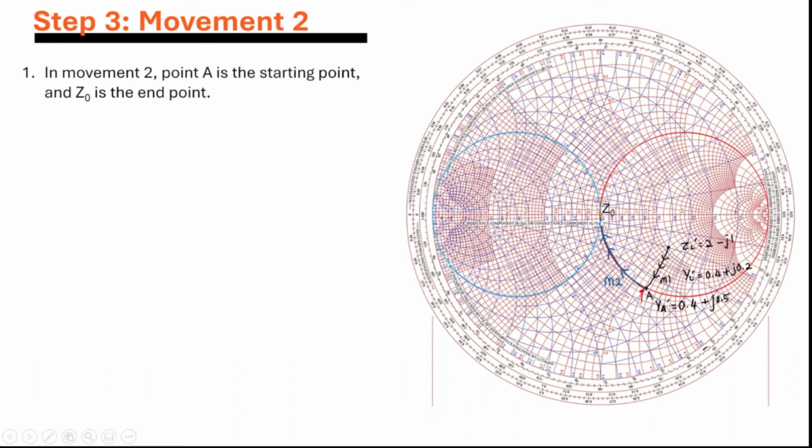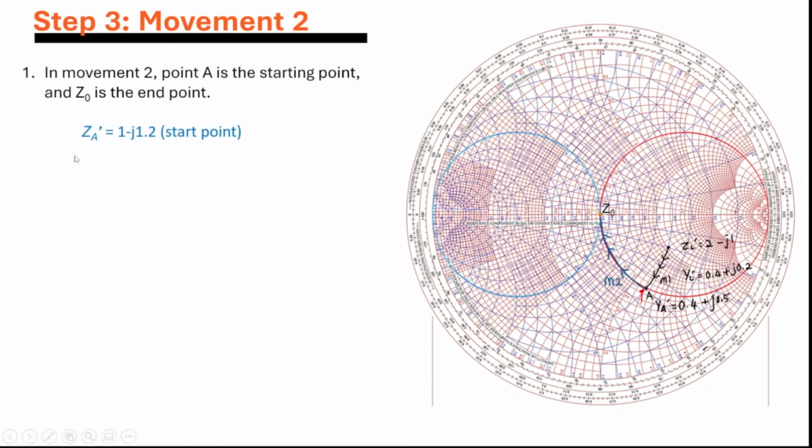Now for movement 2, if you notice here, we are moving on the red circle, which is the Z Smith chart. So now instead of calculating the movement using the admittance Y, we are using the impedance, Z. For that purpose, we need to find the impedance for point A, which can be easily found by looking at the arcs of the circle and the arcs of that point.